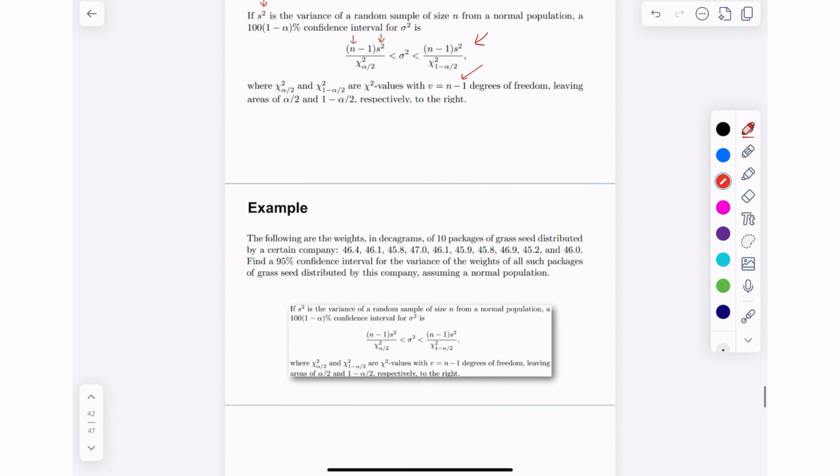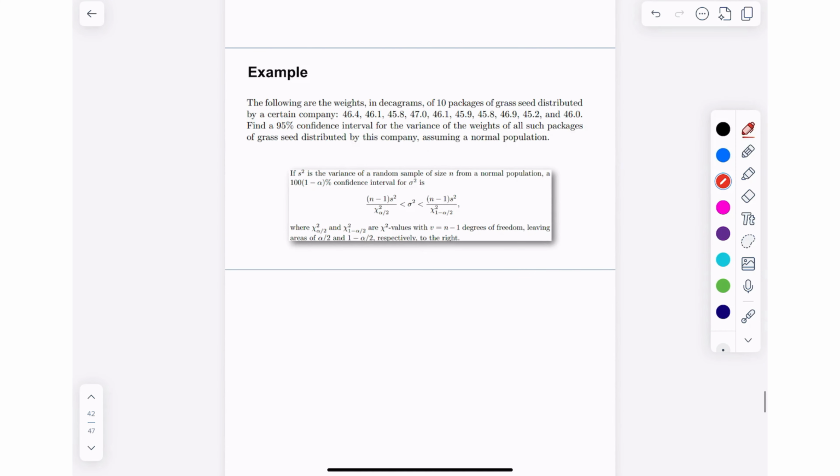So we go directly to the example. It says that the following are the weights in decagrams of 10 packages of grass seed distributed by a certain company. So the sample size n is 10, and you are given data instead of the direct variance, so you need to construct the variance yourself from the data.